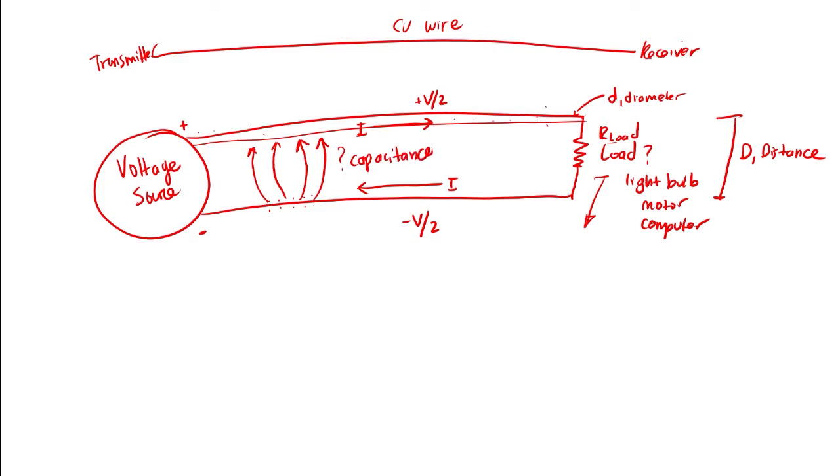The field is caused because we've got a positive voltage on top and negative voltage on the bottom. So all of our negatively charged particles are now being attracted to all of our positively charged particles. So they're not just going in circles, they're basically looking at each other. And so we can measure capacitance in Farads.